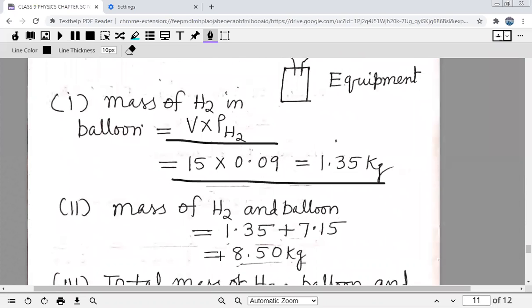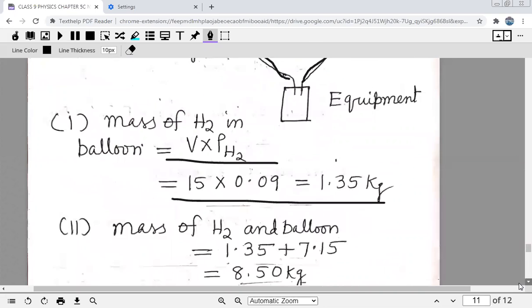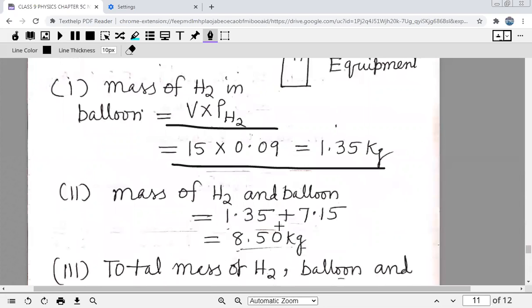Then you have to find the mass of hydrogen and balloon. Here it is given that the balloon is weighing 7.15 kg, which means the weight of its fabric is 7.15 kg. So what is the mass of hydrogen plus balloon? It is 1.35 plus 7.15, that is 8.50.